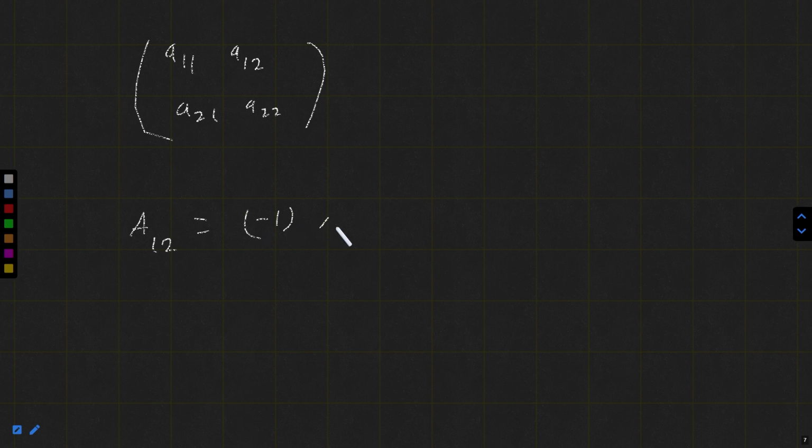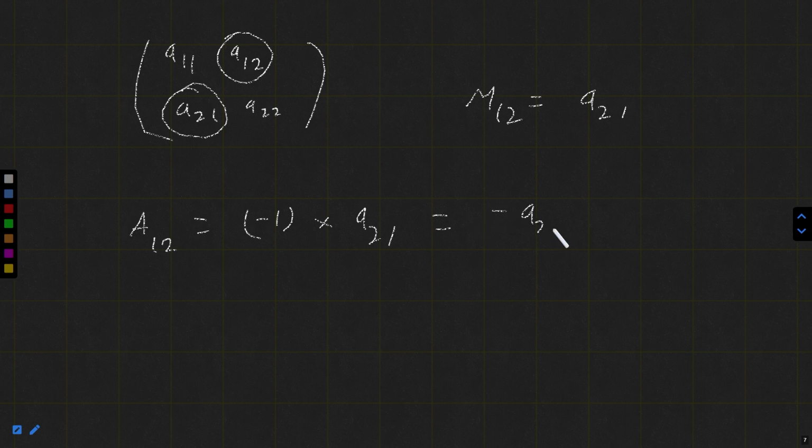Multiply with the minor of this position. The minor will be A21. We have already evaluated that M12 is equal to A21. So your cofactor in this case will be minus of A21.